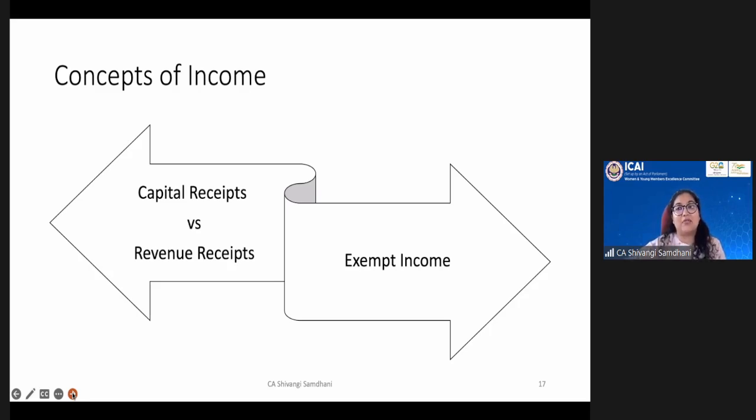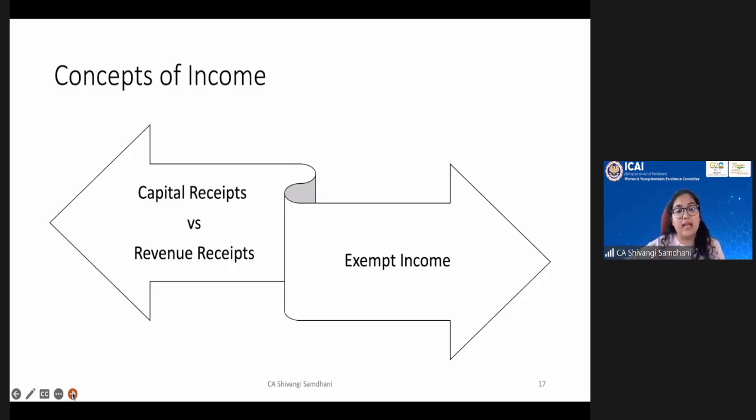In the same way, if I discuss some case law, Reliance Industries, a Bombay High Court case, wherein Reliance Industries received a subsidy from the government because some industry was set up in a backward area. So backward areas were promoted, there was industrial development over there, and an employment boost. So the government provided a subsidy. And since this subsidy had nothing to do with day-to-day income and expenditure, it was a capital subsidy.